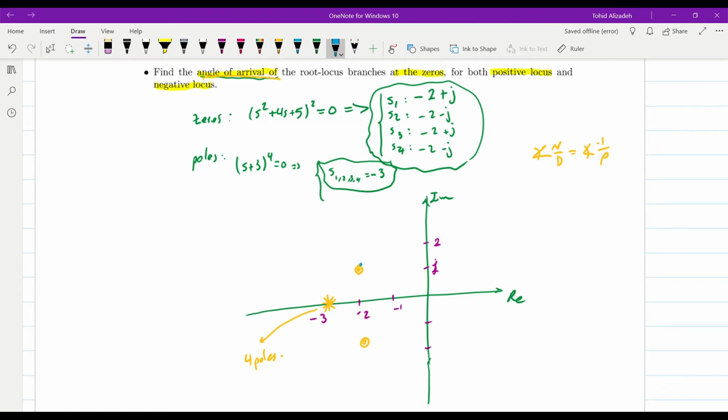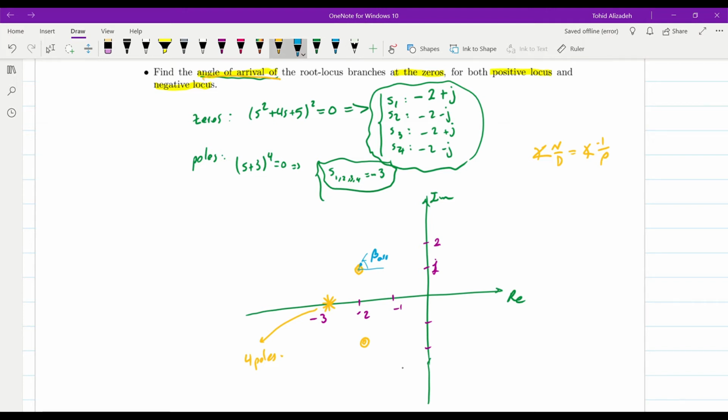Then we will find the angle between that point and any of the poles and zeros of the system. The first one to consider is the zeros which are nearby, so this will be the angle of arrival, beta arrival, and we have 2 of them because we have 2 zeros there.